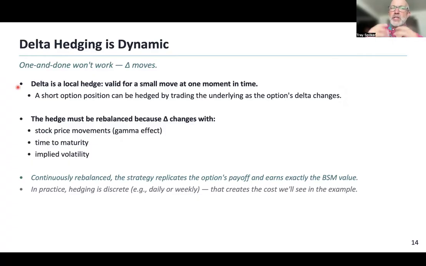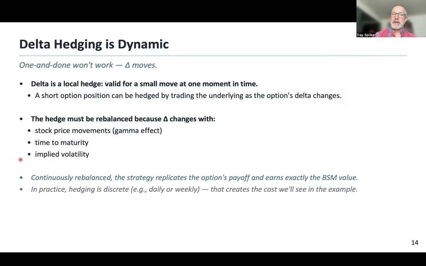Delta is a local hedge. It's valid for small moves in the share price at a particular moment in time. So it has to be changed with changes in the share price, changes with time to maturity, and changes with volatility, specifically implied volatility, which we'll talk a bit more about later on.